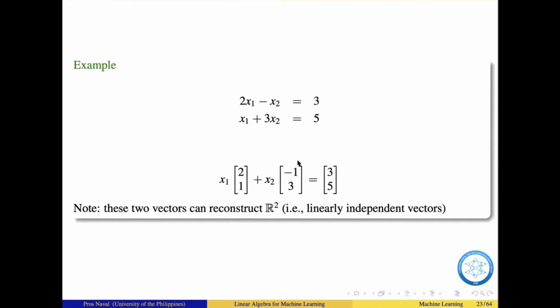However, if they are linearly dependent, what happens? We only reconstruct a line, not the entire two-dimensional plane. You have a line, so that line is a subspace in R2.